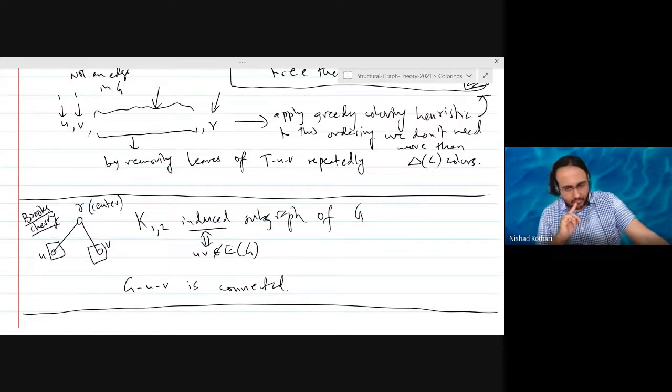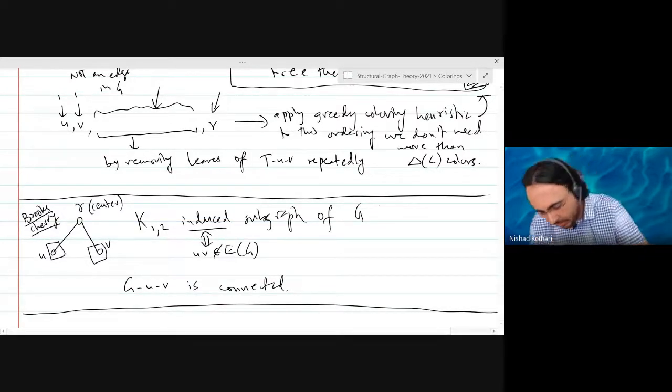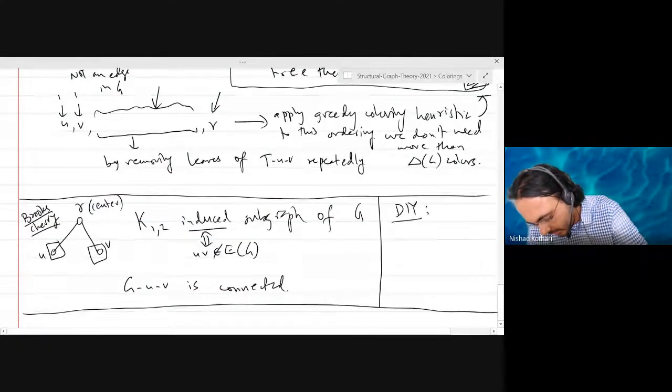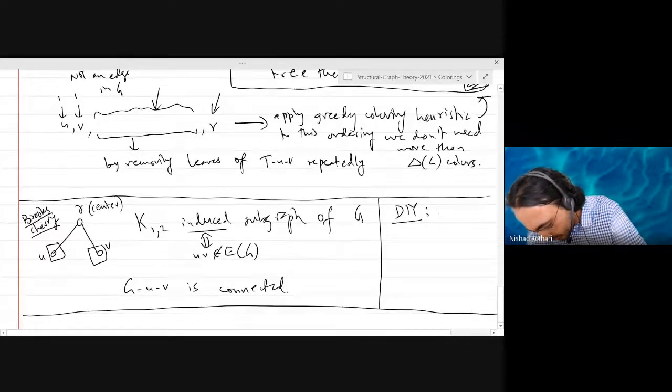Okay. Good. So I'll give you a small do-it-yourself exercise, which is really easy, I think. The graph G, so you can assume that G is a two connected graph if you require that condition.